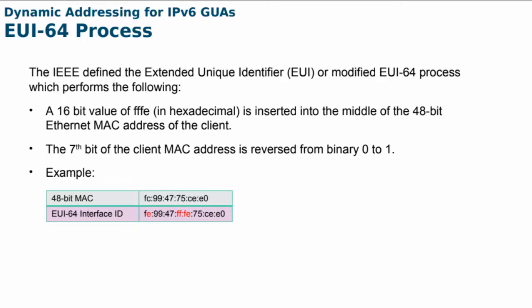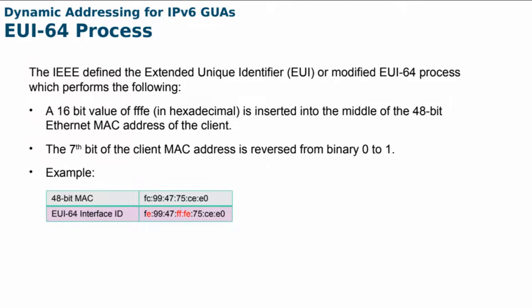Look here, please. This is the original 48-bit MAC address that we have before. They will insert this value, FFFE. Can you see it? And the 7th bit of the client MAC address is reversed from 0 to 1. Here, FC, if you remember, F is 15 and C is 12.